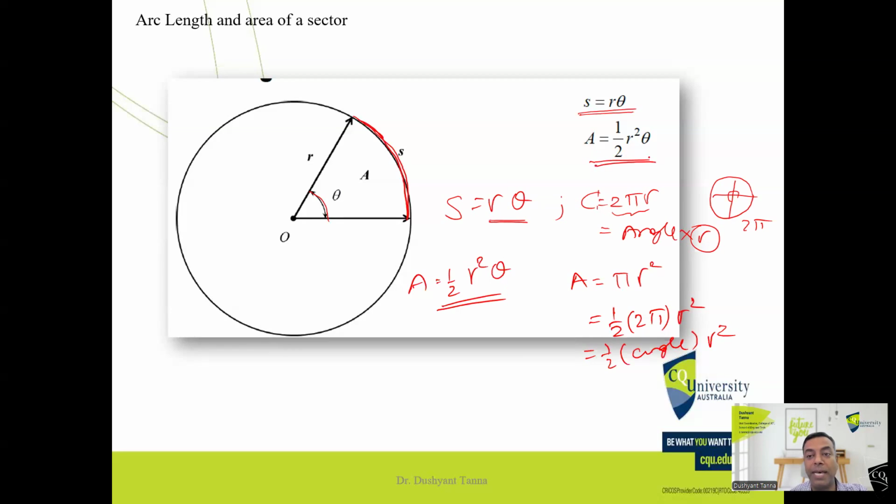So these formulas are derived from the formulas of circumference and angle for the whole circle. They are nothing new. I'm just establishing a connection of the circumference versus the length of a sector, area of a circle versus the area of a sector, right? Okay.